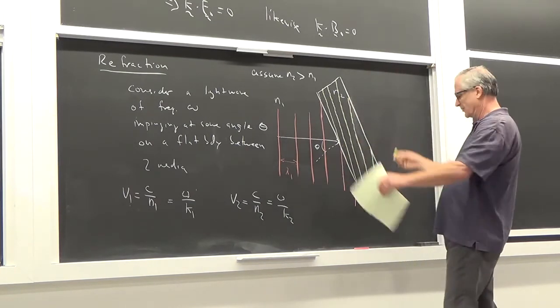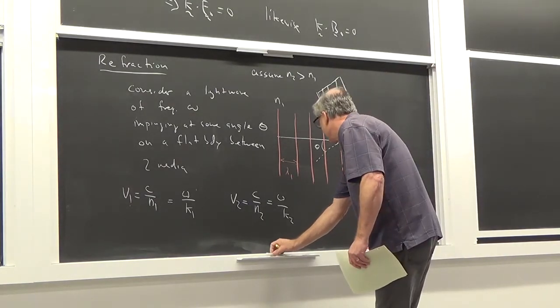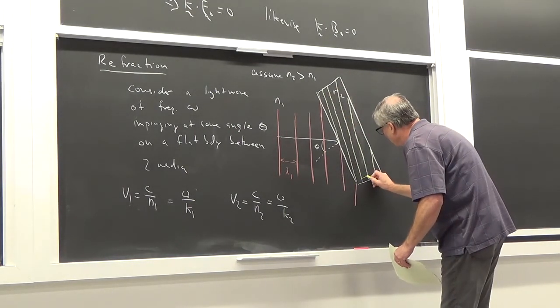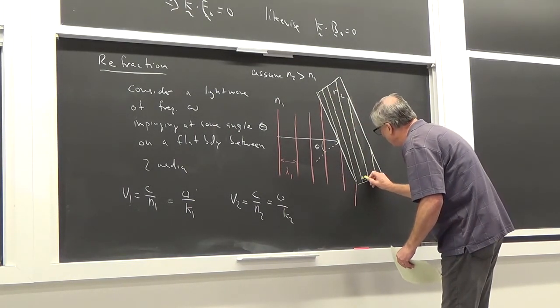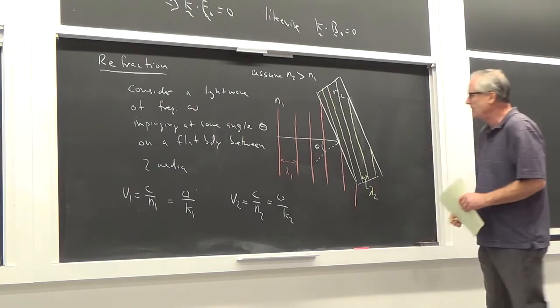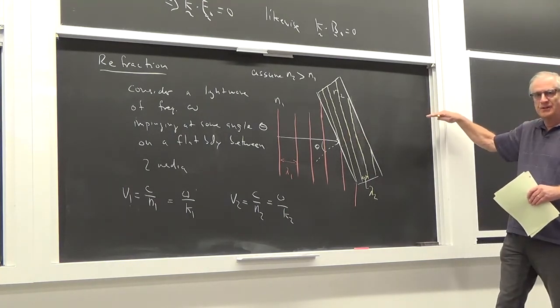So I tried to draw it to be like a half, but this distance here is just the wavelength in medium 2. And you can see the wavefronts are going in a different direction now.